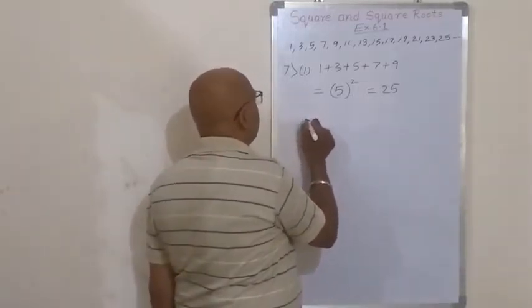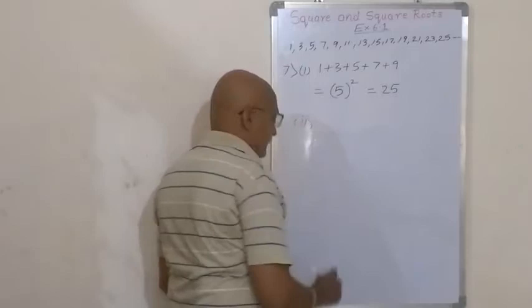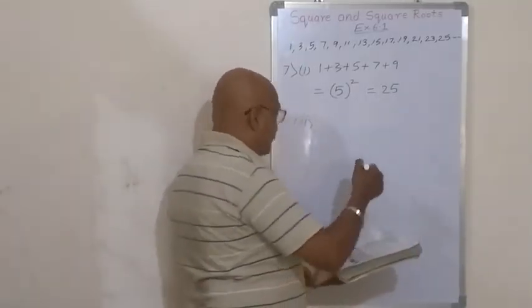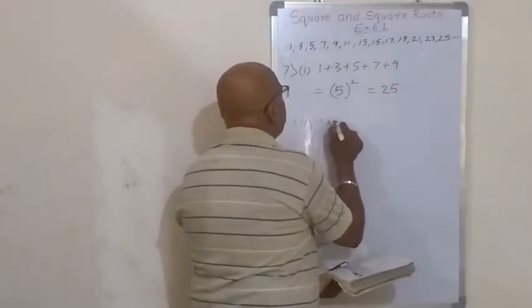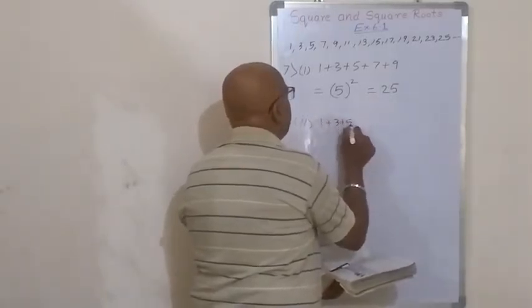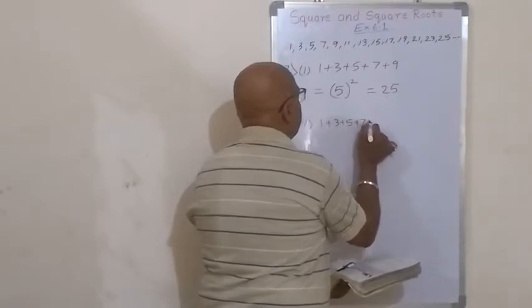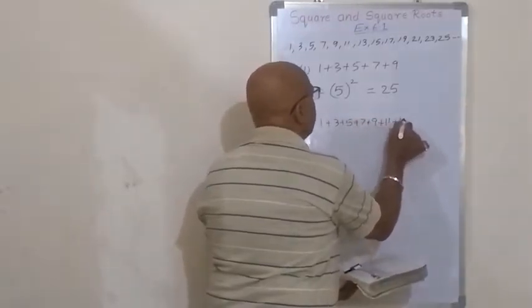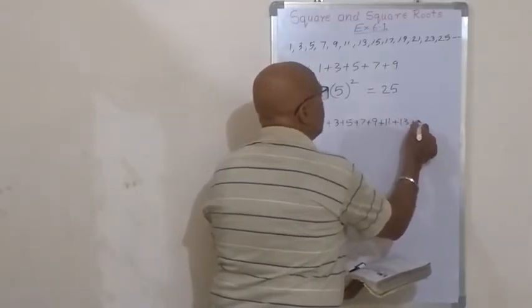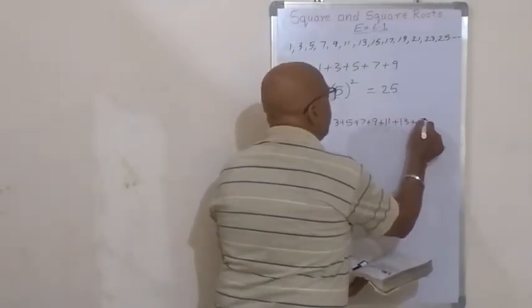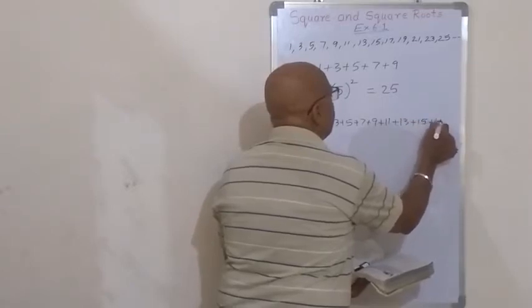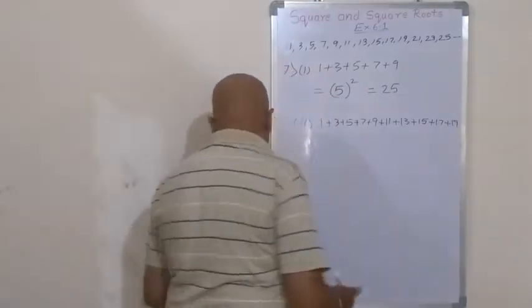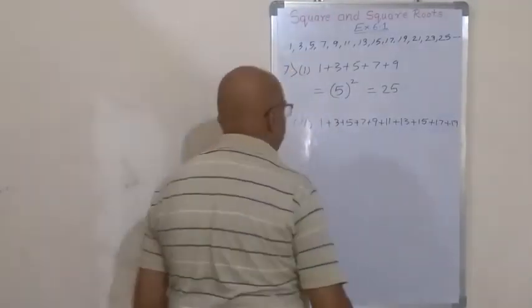The second one is 1 plus 3 plus 5 plus 7 plus 9 plus 11 plus 13 plus 15 plus 17 plus 19. Now this sum you have to find without adding.